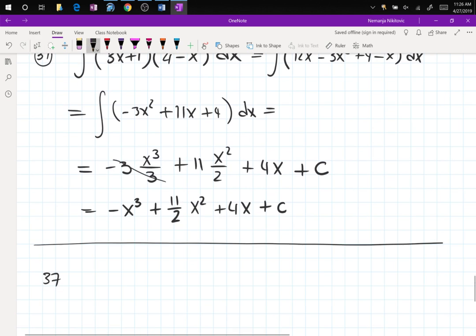Problem 37 is also nice. They say, how about x squared minus 36 divided by x minus 6 dx? So what now?